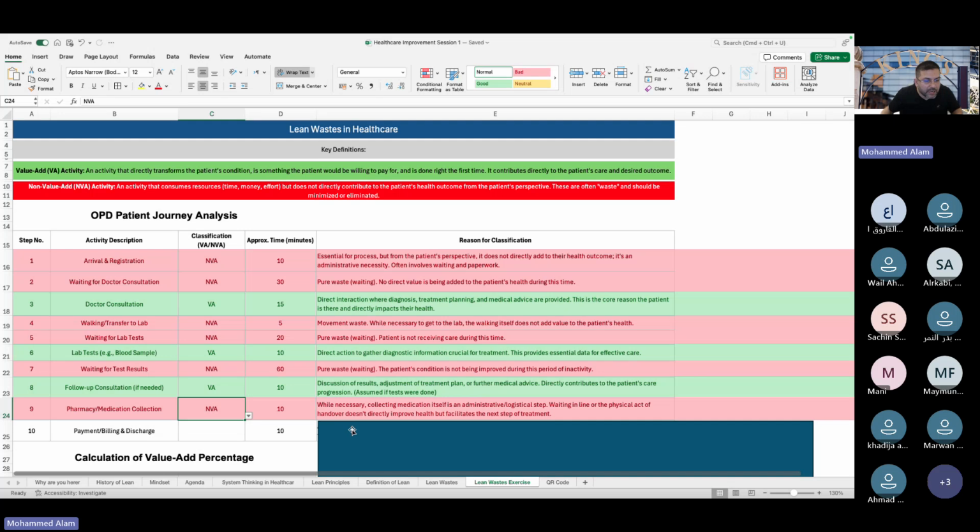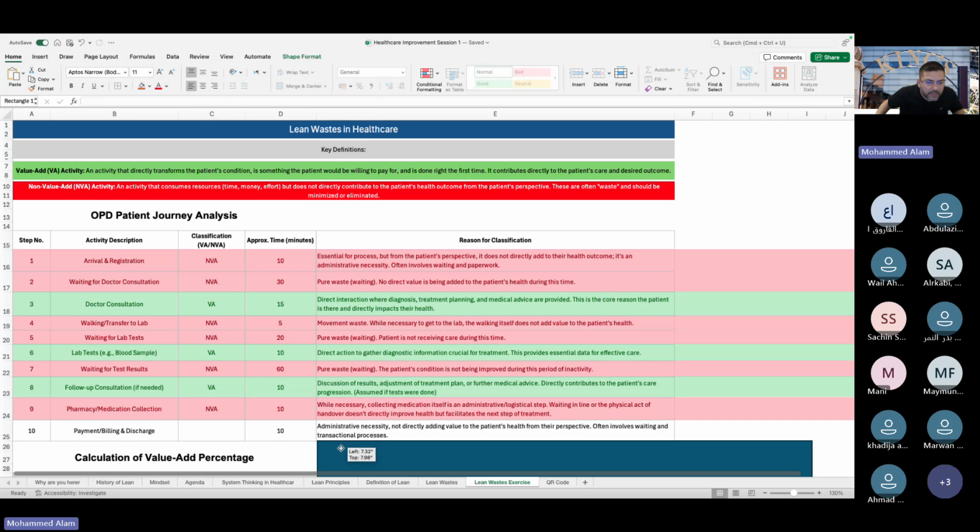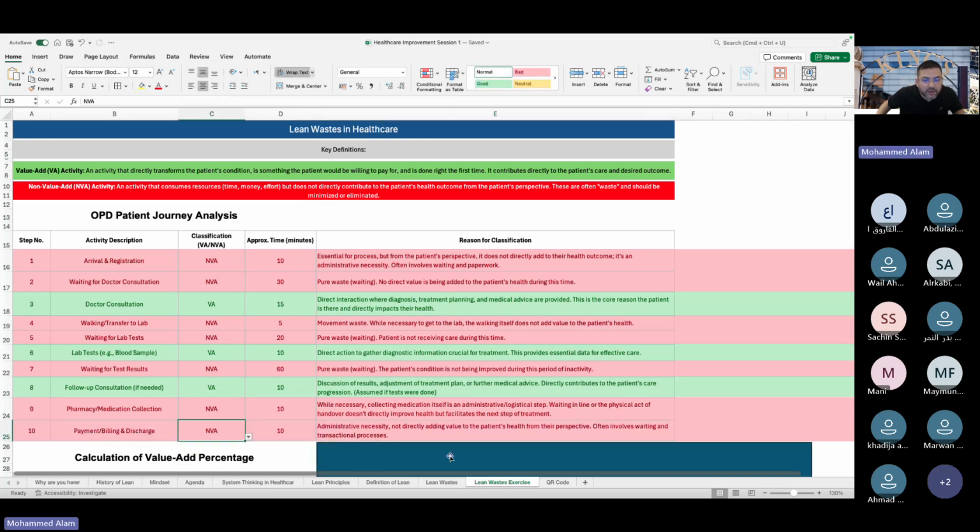The last step is payment and billing. Is it a value add or non-value add? Non-value added. Again, it is an administrative necessity, but it is not directly adding value to the patient.